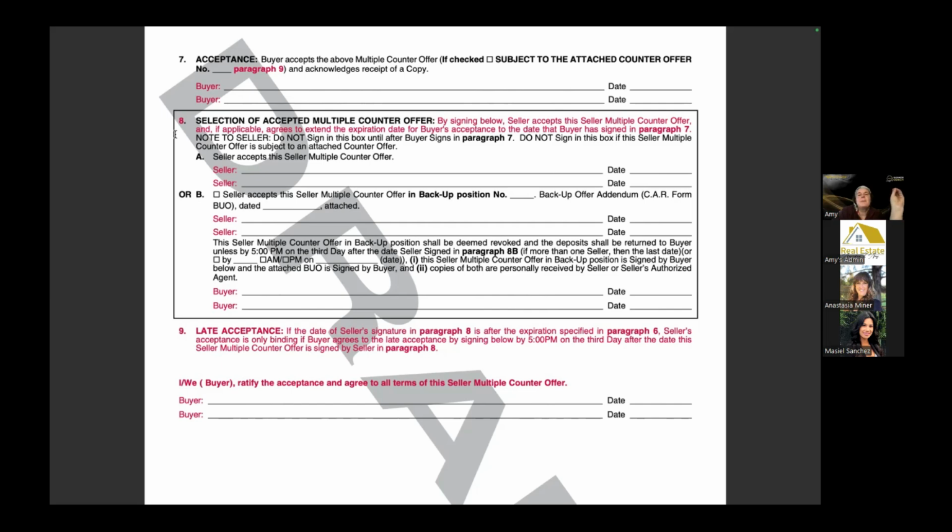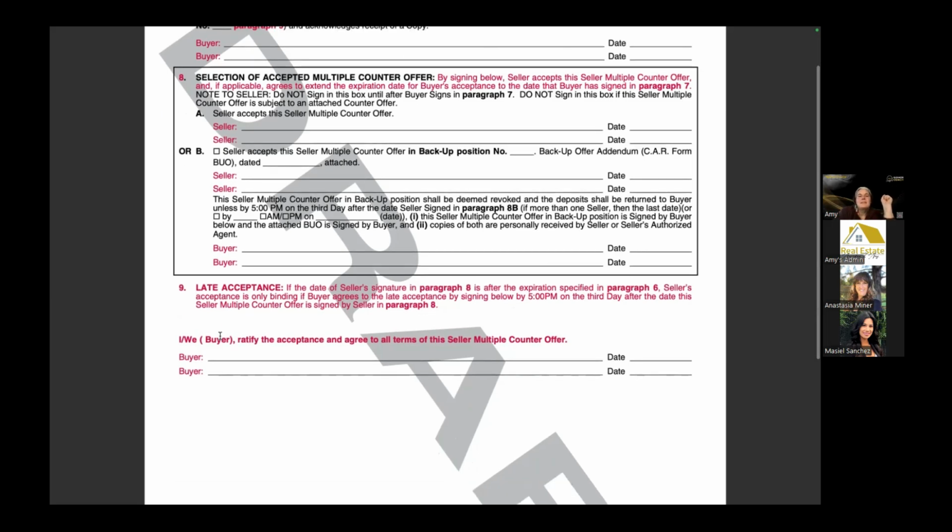If they're going to put it in backup, then instead of signing 8A, the seller's going to sign 8B. And then buyer has to agree to be put up in backup position by signing 8B as well. Okay. If the seller accepts, we just skip over B. Okay. Late acceptance.